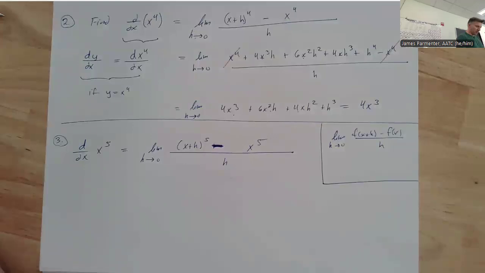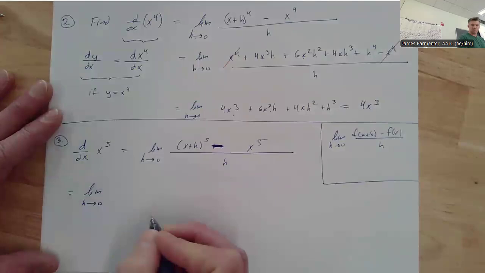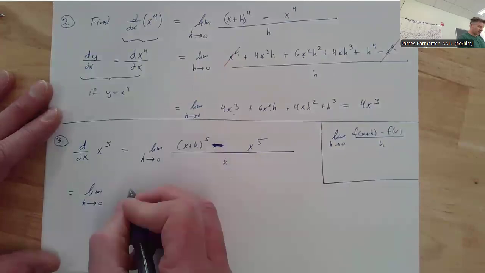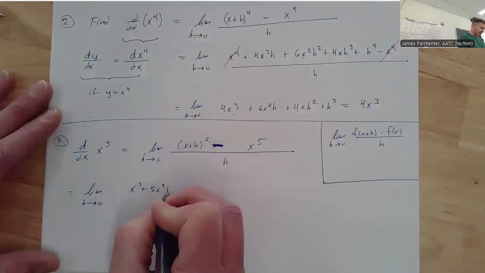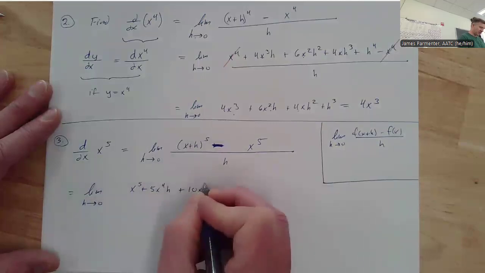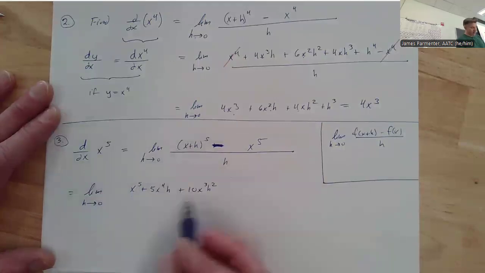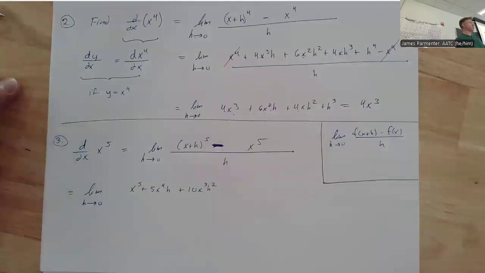Okay, we're almost there, I promise. So taking this limit, if we multiply this out, it's going to be x to the fifth plus 5x to the fourth times h plus 10x cubed h squared. Again, we're just using the coefficients from Pascal's triangle, and then with every next term, the power of x decreases by 1 and the power of h increases by 1.